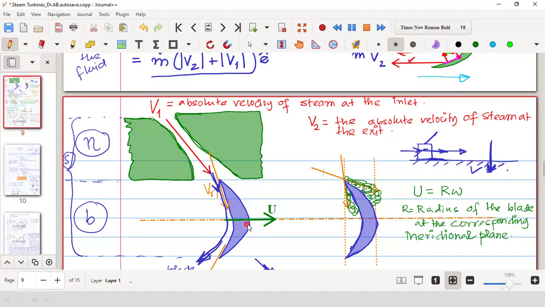Now, one thing I have to confirm: if there is a change in temperature here, although there is no expansion, I think it should be same.